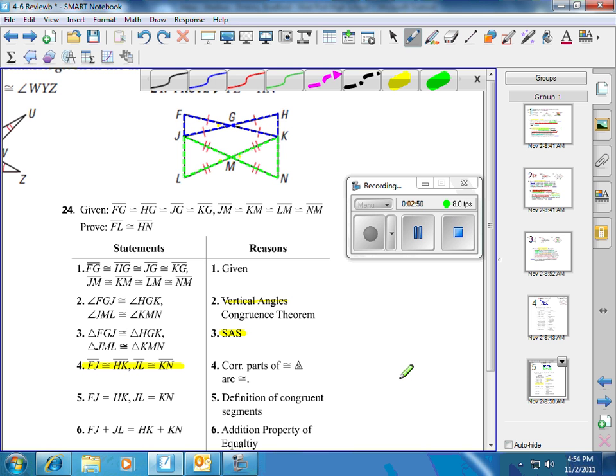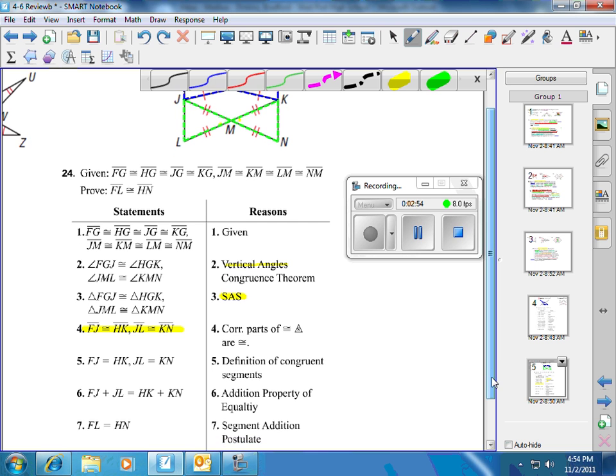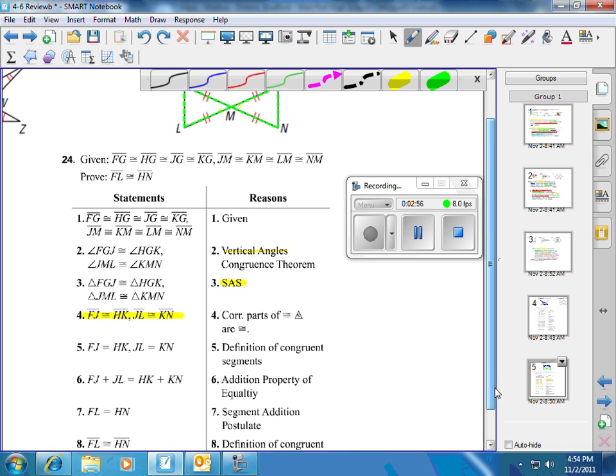Now I'm going to be using my segment addition postulate, which has to do with segment length. So I've got to get technical and convert from congruency to equality. I'm going to say that FJ is equal to HK by the definition of congruent segments.